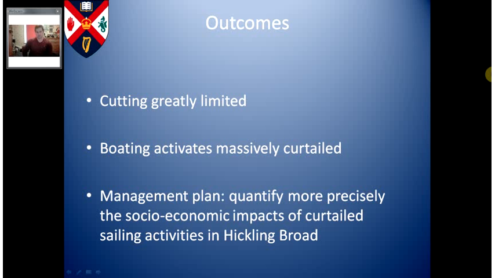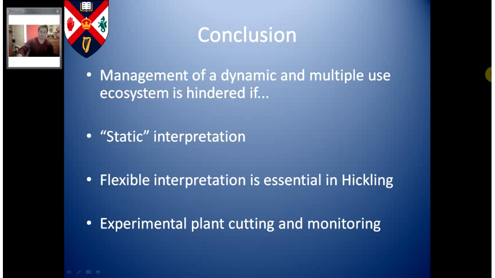Revenue was lost and tourism was lost. And all the Broads Authority could do was come up with a management plan of wait and see, essentially. Let's quantify the socio-economic impacts of the curtailed sailing. They knew very well that they needed to do something about the aquatic plants so that sailing and boating could take place, however their hands were tied.